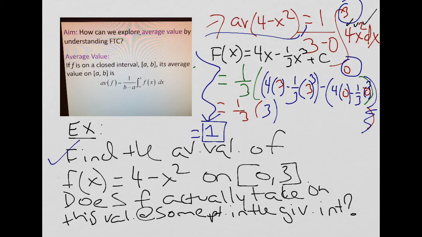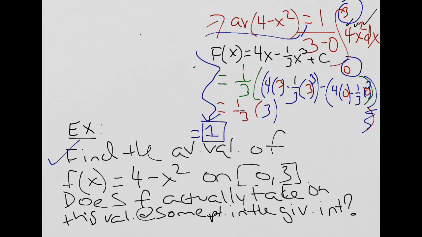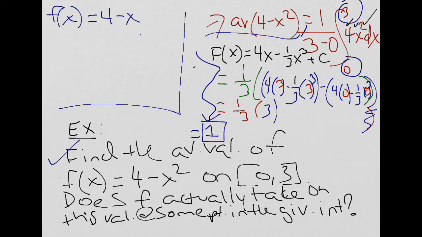F was 4 minus x squared. We want to know if this average value, which is our y, will take on some point in the interval, okay?